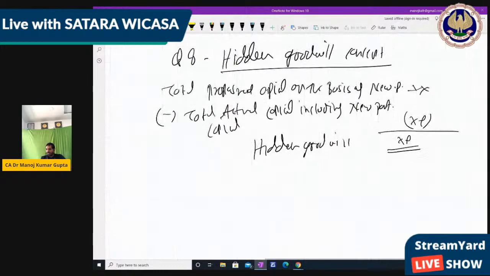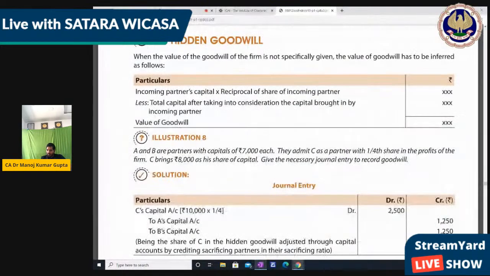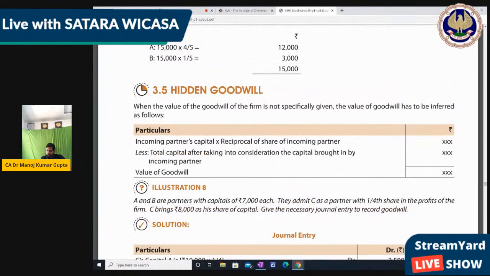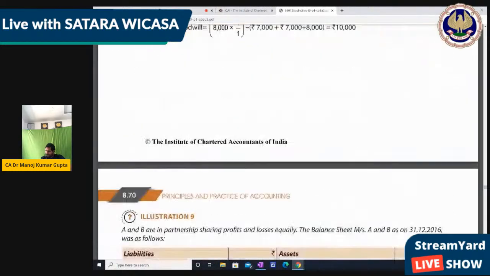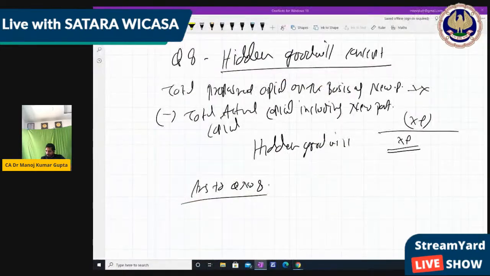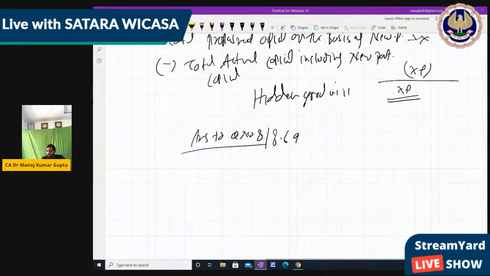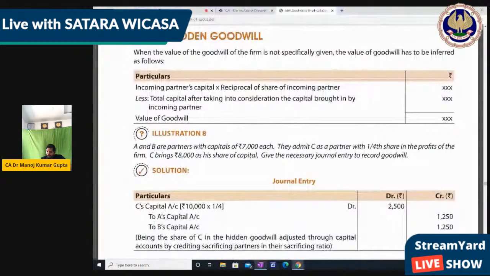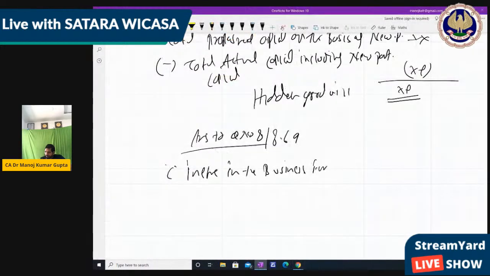So in the present case, the answer to question number 8 is on page number 8.69. C enters the business for how much share? For 1/4 share, and capital is 8,000.